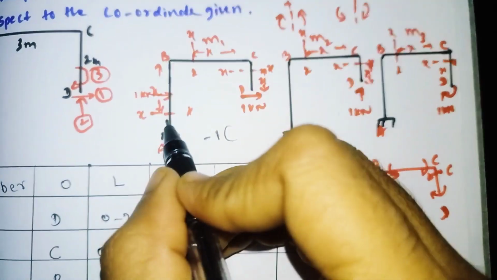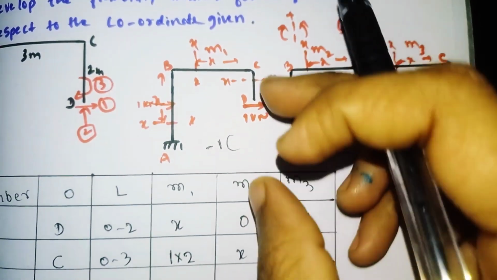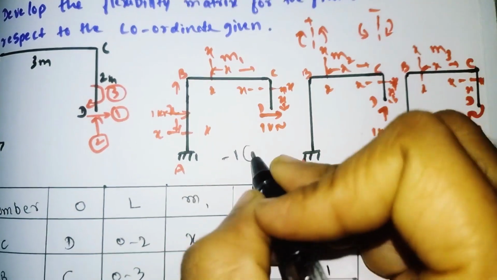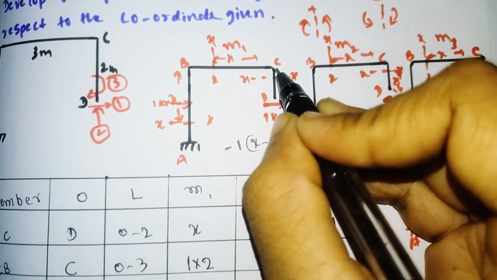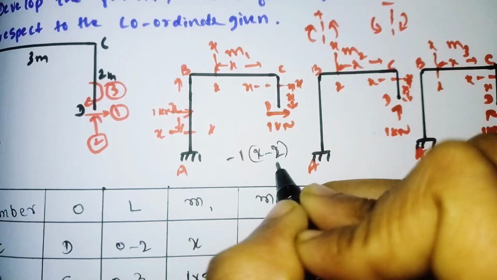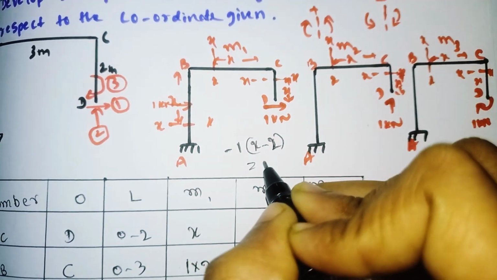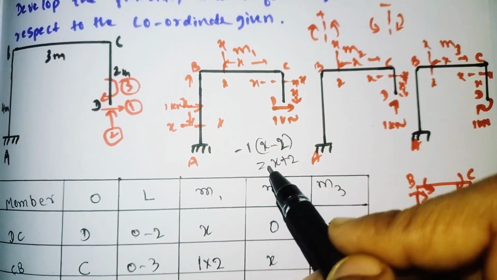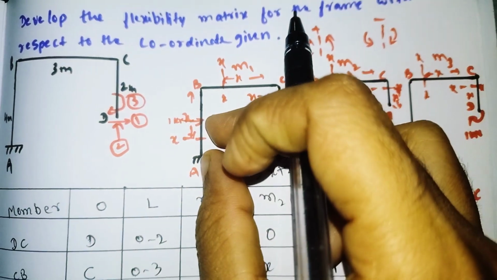for this distance we need to take x minus this much of distance. For CD, the distance is 2 meter, so x minus 2. If we simplify it, it will come out as x plus 2. So x plus 2 is nothing but this much of distance.